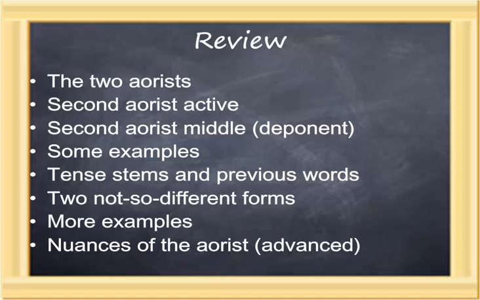We did review some previous words to see their stems, especially when those stems come from different roots. Elthon, eipon, and eidon are the big three, and since they occur so often in the New Testament, they must be learned.